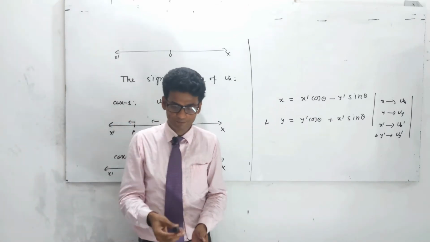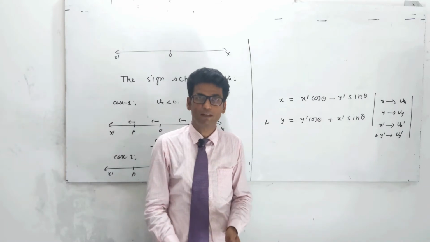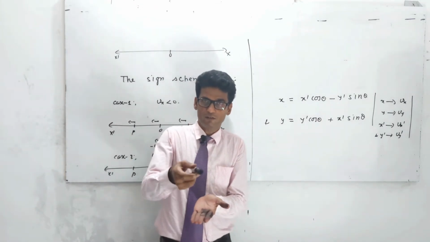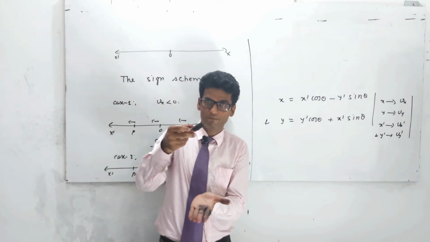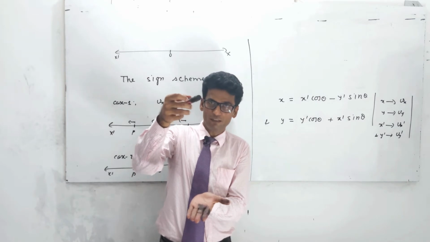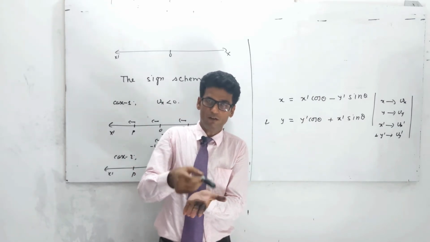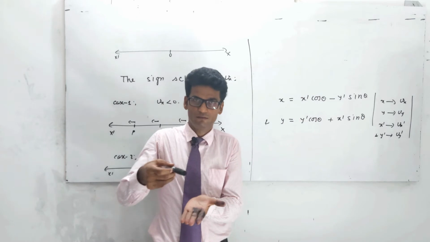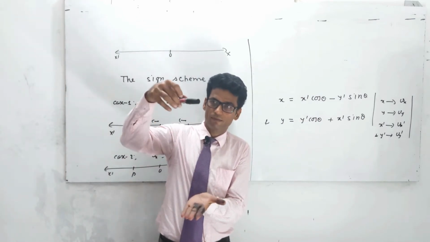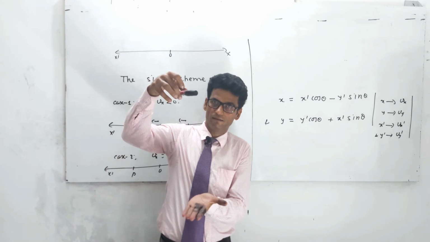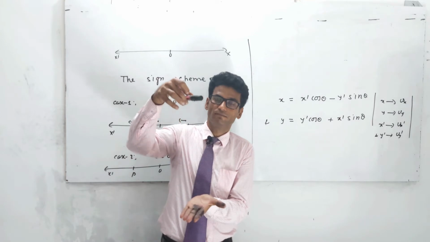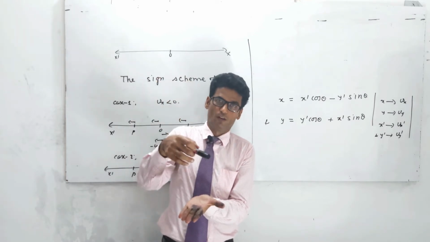But look here, I am throwing this pen. Firstly, what you are watching, the pen is going up, and after a certain interval of time, it is coming down. How is it possible? It is possible only if this pen comes to a stop and then starts to move downward.